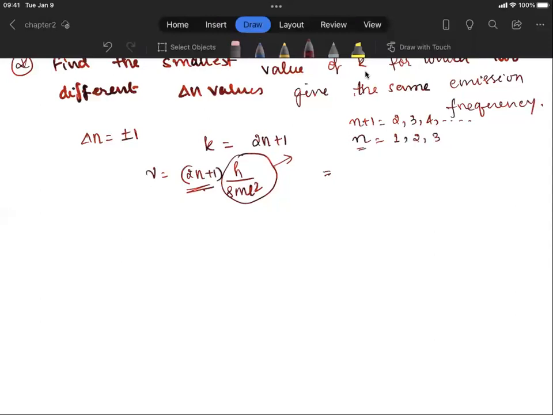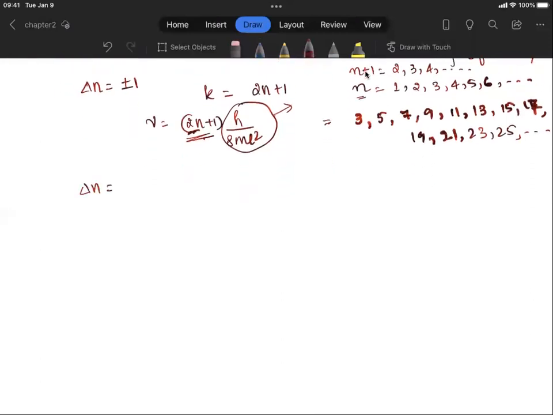The lower level can be 1, 2, 3, 4, 5, 6, and so on. So this 2n plus 1 term can be 2 times 1 plus 1, which is 3, or 5, 7, 9, 11, 13, 15, 17, 19, 21, 23, 25, and so on.